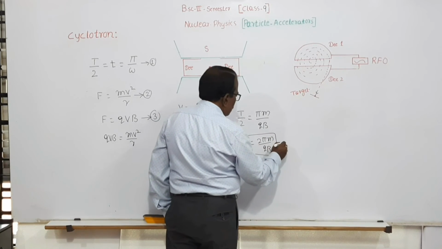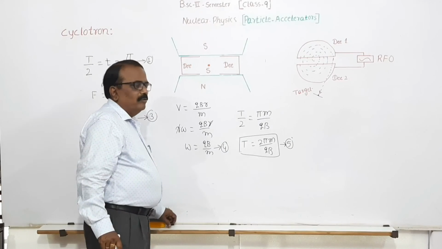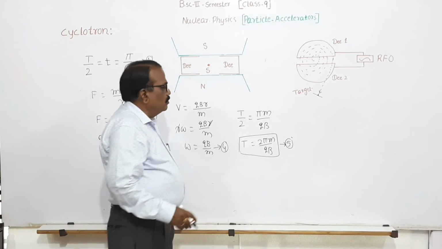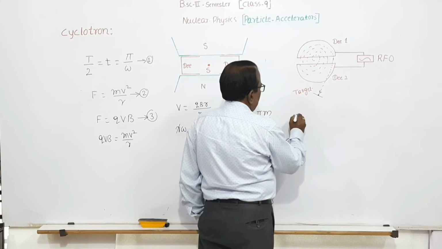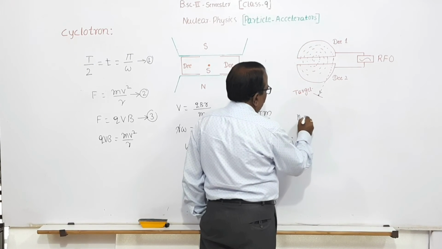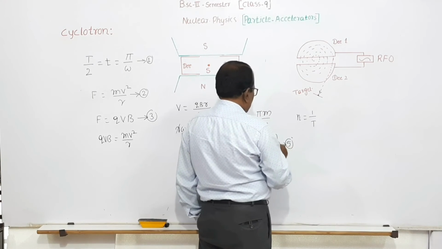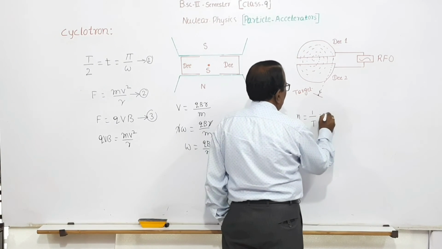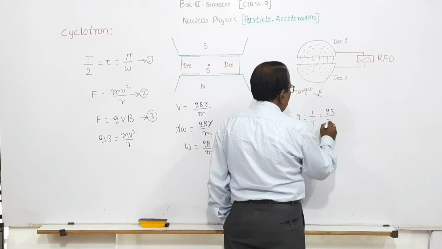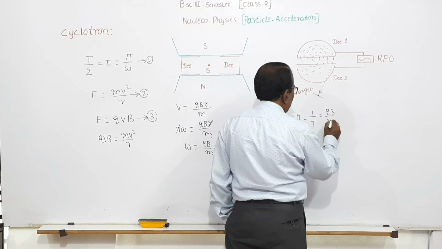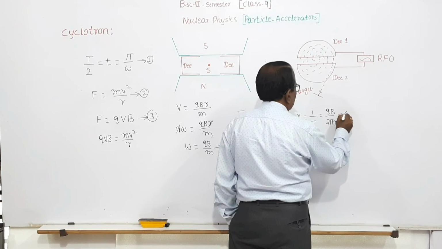Call this equation 5. Now the frequency of the applied potential difference is n is equal to 1 upon T, or this is qB upon 2 pi m. Call this equation 6.